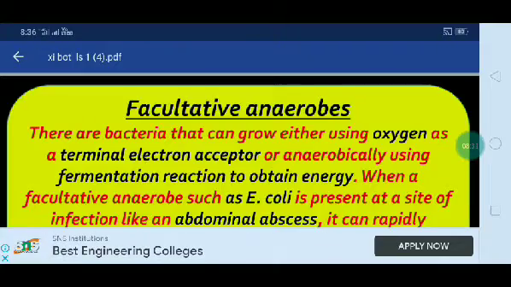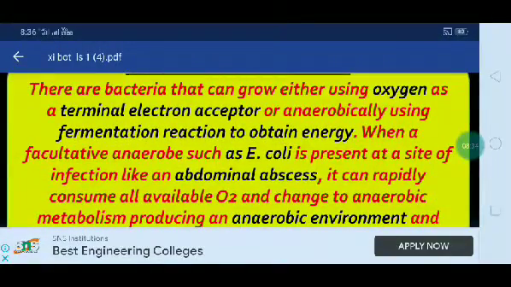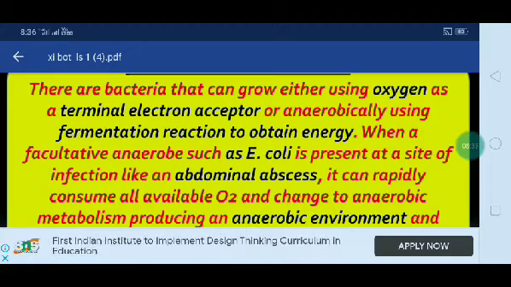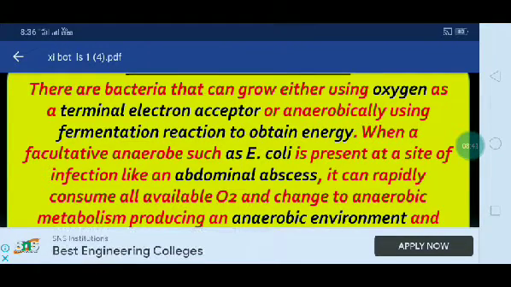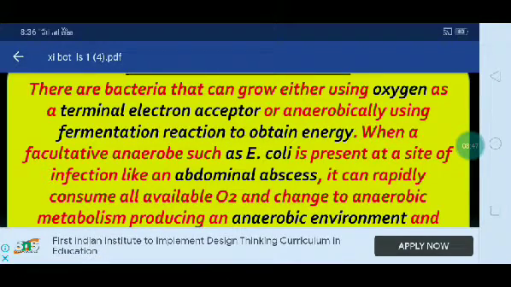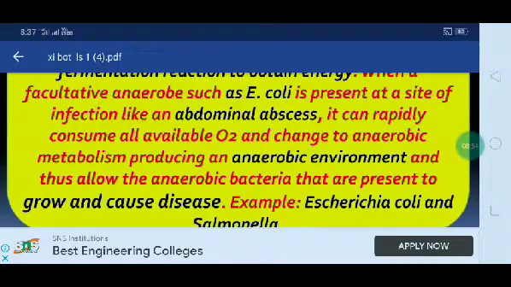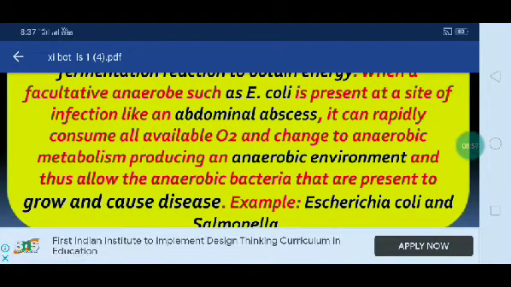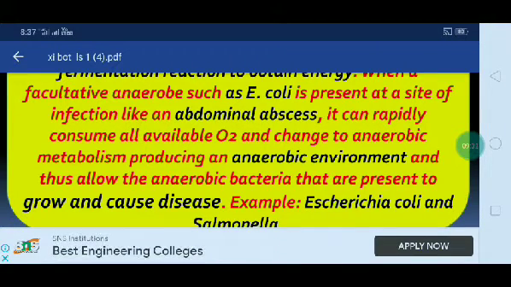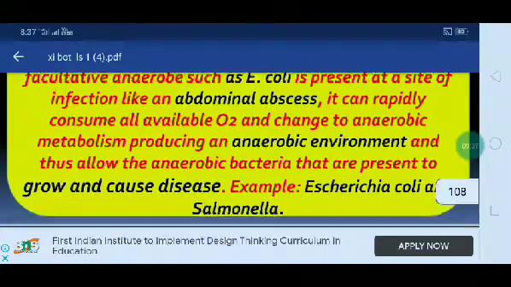When a facultative anaerobe such as E. coli is present at a site of infection like an abdominal abscess, it can rapidly consume all available oxygen and change into anaerobic metabolism. The fermentation process produces an anaerobic environment, and thus allows the anaerobic bacteria that are present to grow and cause disease. Both aerobic and anaerobic respiration occur. Examples: Escherichia coli and Salmonella.